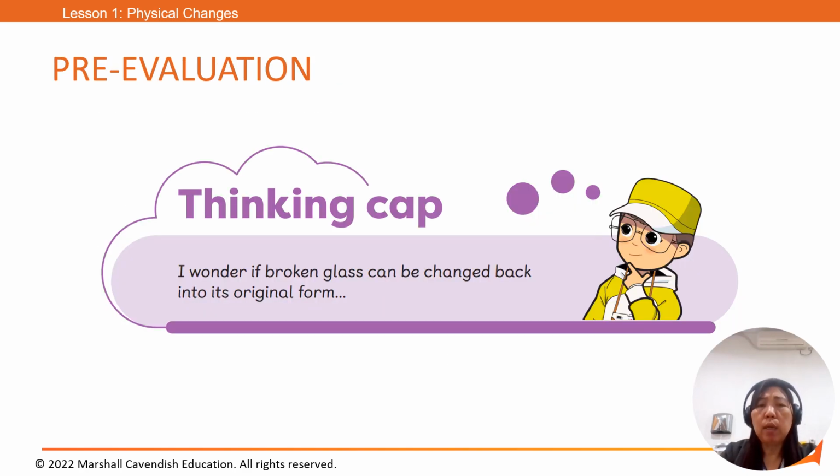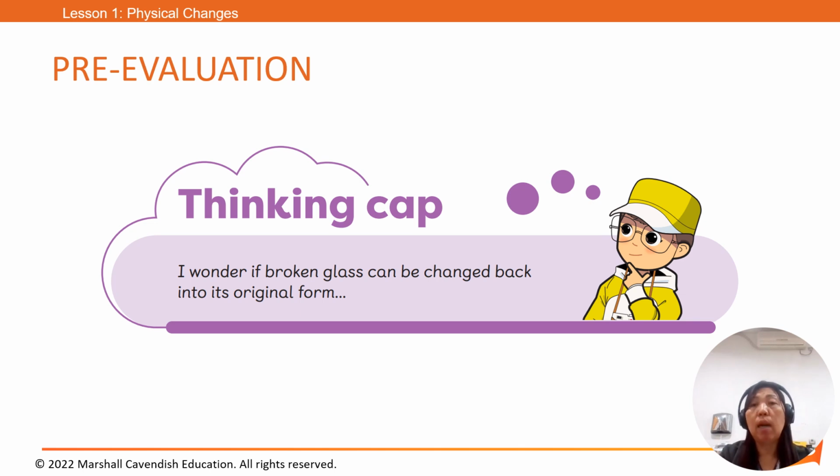Before we continue, please open page 80 of your student's book, and try to think of this sentence. I wonder if broken glass can be changed back into its original form. Can we change the broken glass back to its original form?